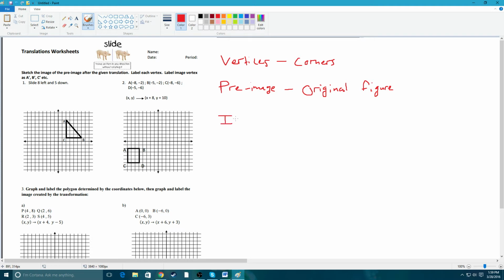And the image is the figure you have after you translate, or after any kind of transformation, actually.